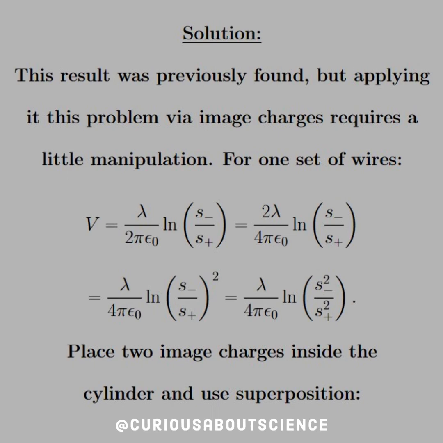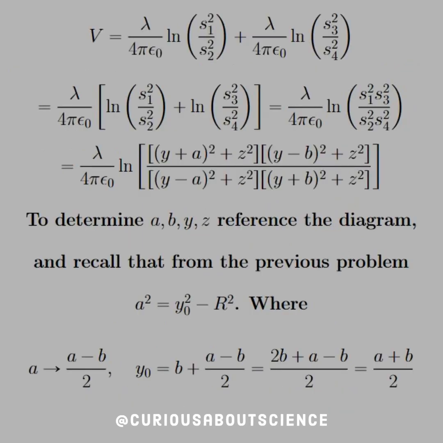First, multiply the numerator and denominator by a factor of 2, and then use the power rule for logs to bring the square from the numerator into the argument of the function. Then add two of these together for the four charges in the configuration and algebraically combine them, which we do here.